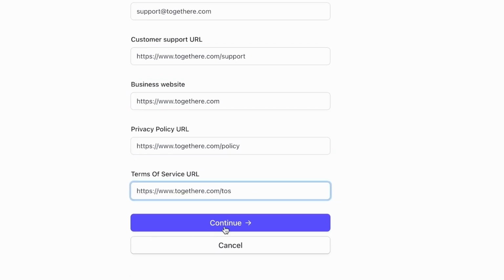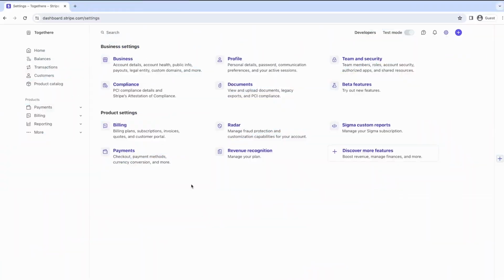That said, Stripe can be overly complex for non-technical users. If you don't have a developer on your team, you might find it difficult to unlock Stripe's full potential. Sure, there are plug-and-play options available, but the real value of Stripe comes from its customization, and that requires some technical know-how.